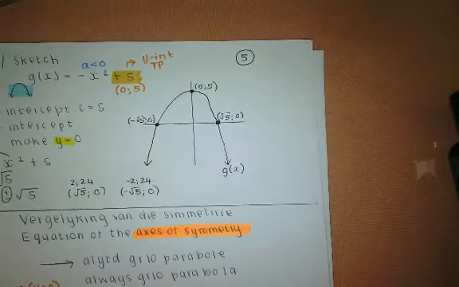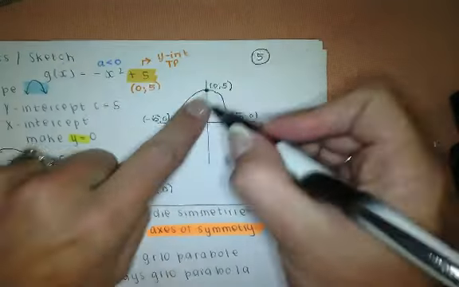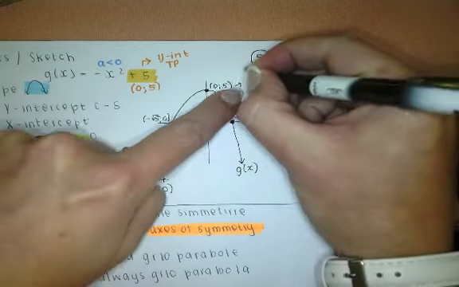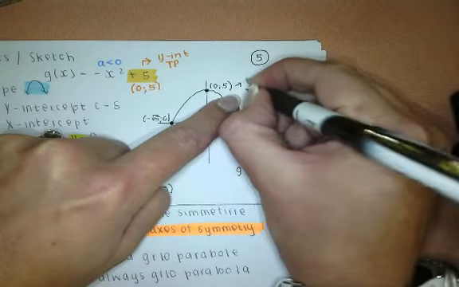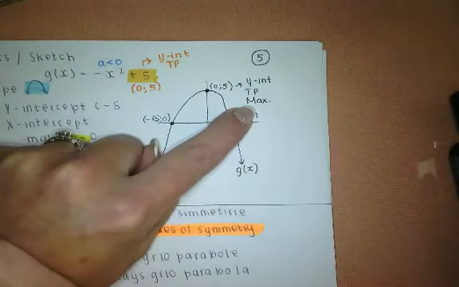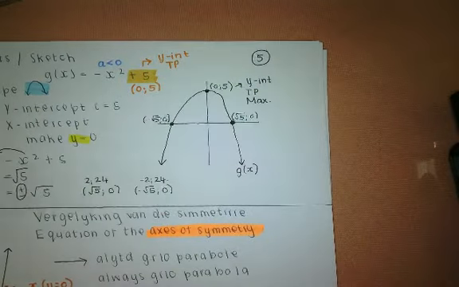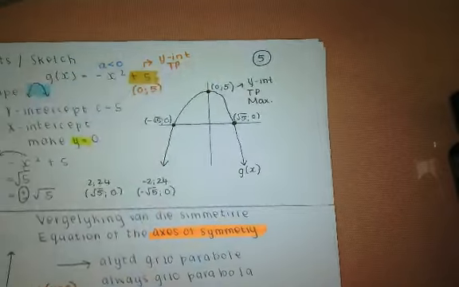Does that make sense? Yes. So that point over there, this -5, is your y-intercept. It is your turning point, but it's also your max. Okay, now I'm going to use this example to explain domain and range to you.